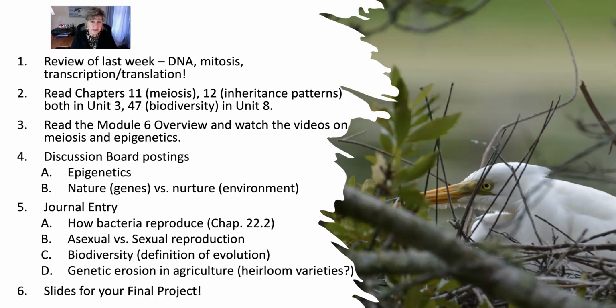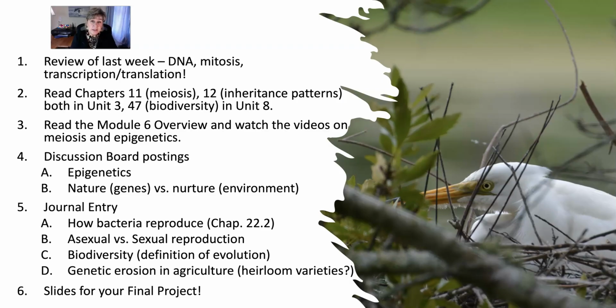All of that was really important. And then you also learned about the job of DNA, which is to make proteins, and that is transcription, where a small portion of DNA is used to make a small molecule, a messenger RNA, which is then used to make a protein. So that is called translation when you go from RNA to protein.